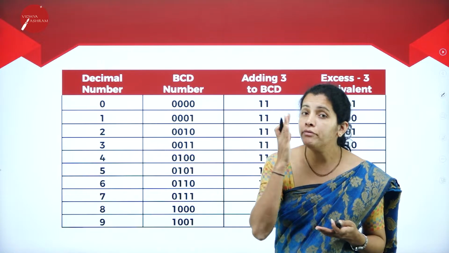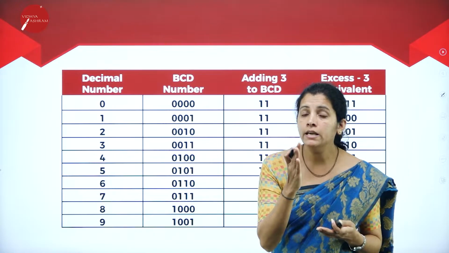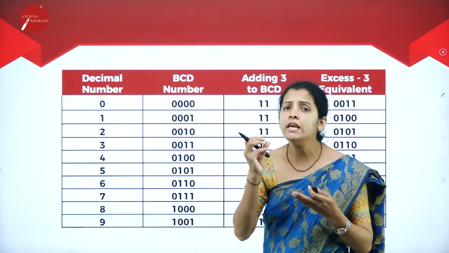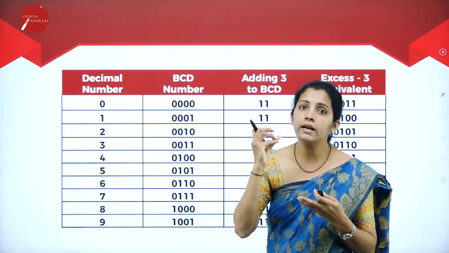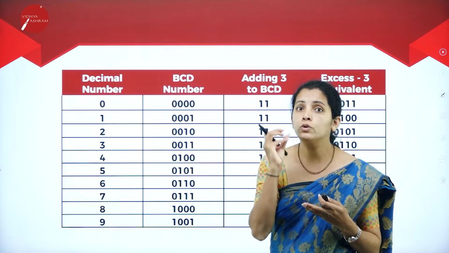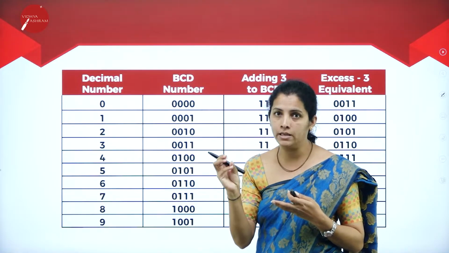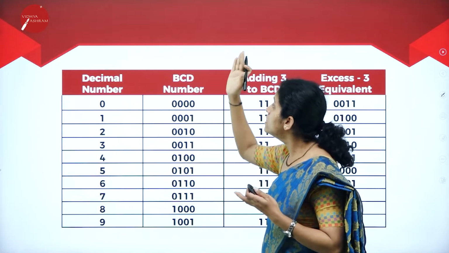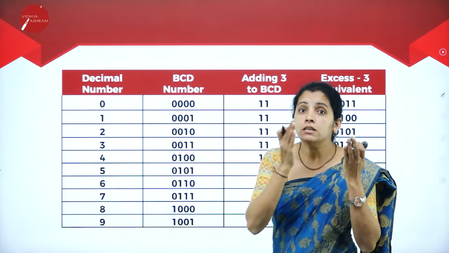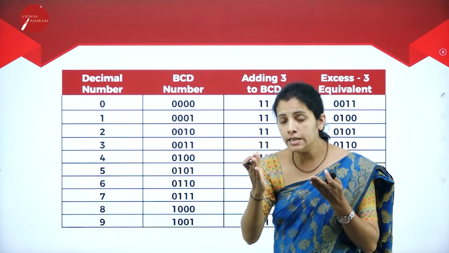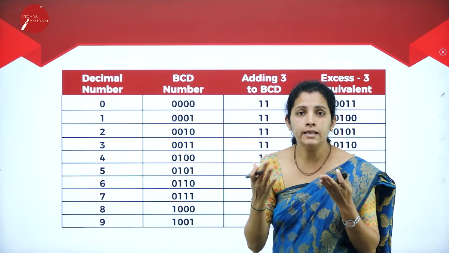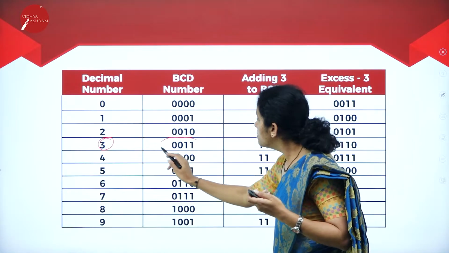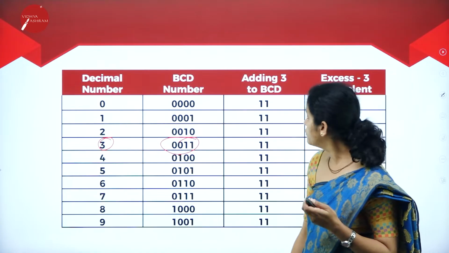For BCD, for each bit we write the weight, or we consider the position of the bit. But if I consider Xs3, then I convert that decimal number to BCD and add 3. That's it. So here I have 3, this is the binary representation of 3.